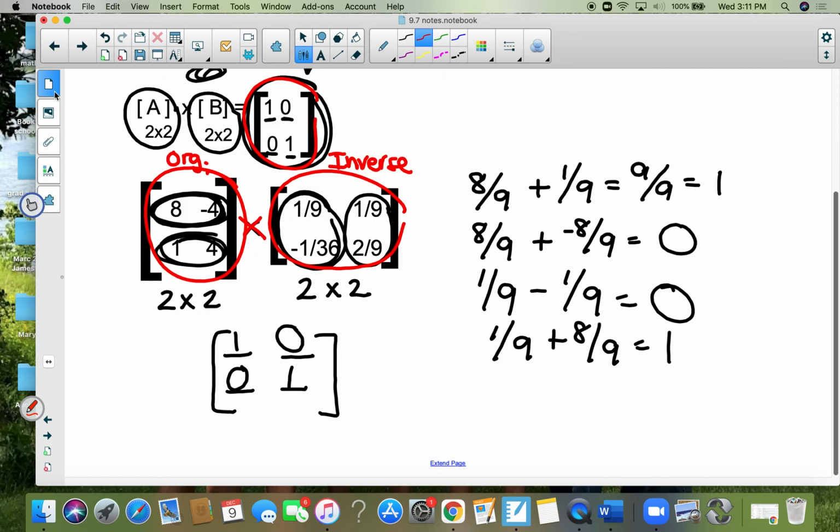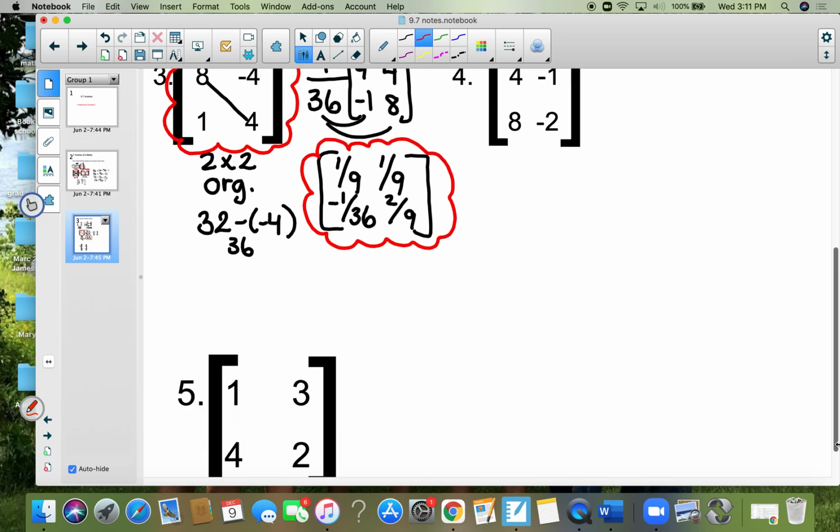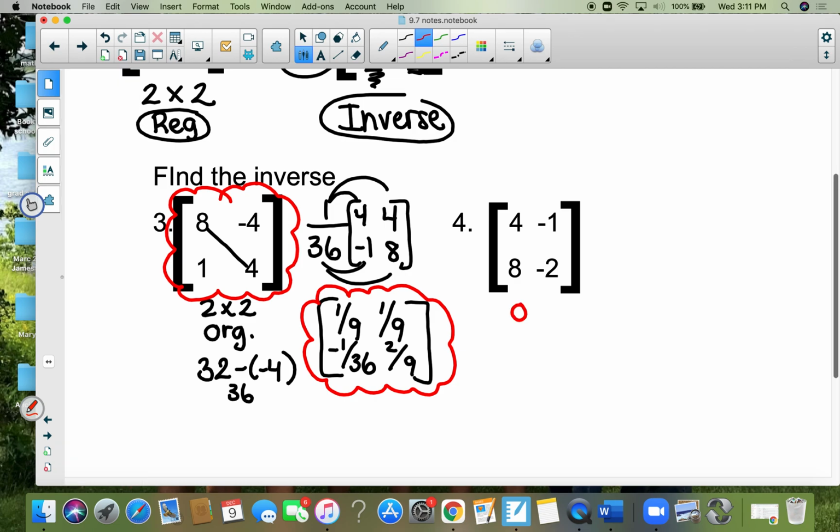So let's keep going. Let's find some more inverses. Let's do this one. On the test, if it says to find the inverse of the original, this will be the inverse. There are some steps. The first thing you have to do is put 1 over, and you have to find the determinant of the original.